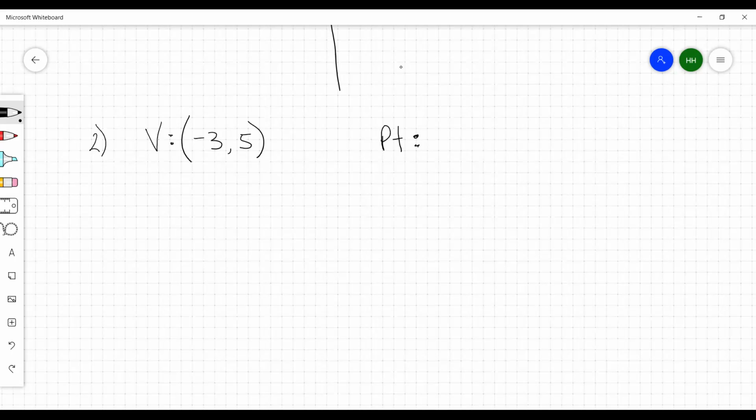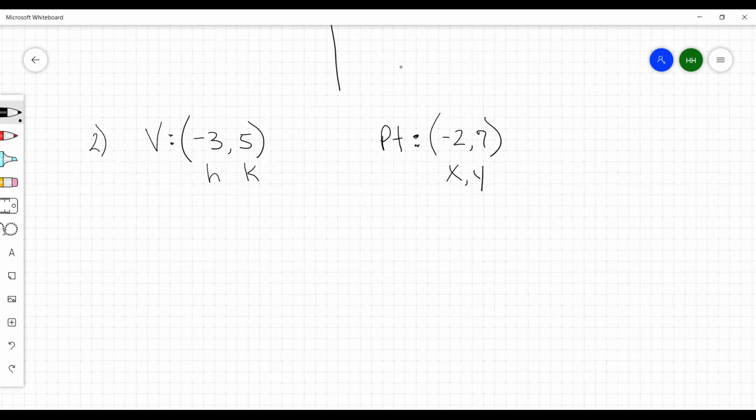I see 2 of them, but the first one that I see is negative 2, 7. Since this is the vertex on the left, here's your H and here's your K. Since this is a point on the graph, here's your X and here's your Y.